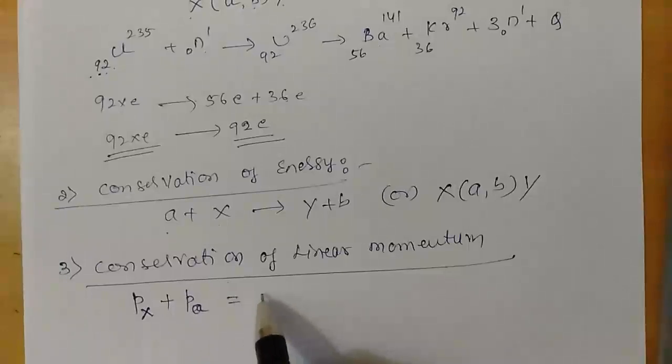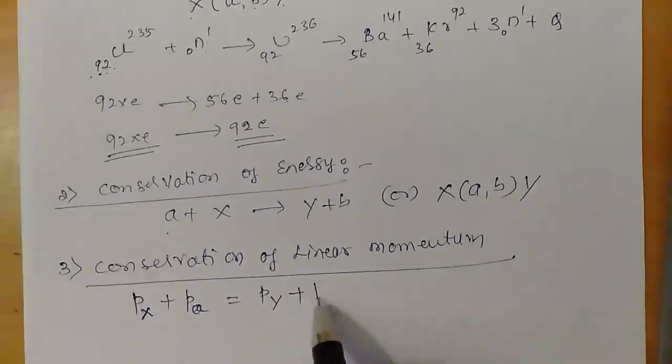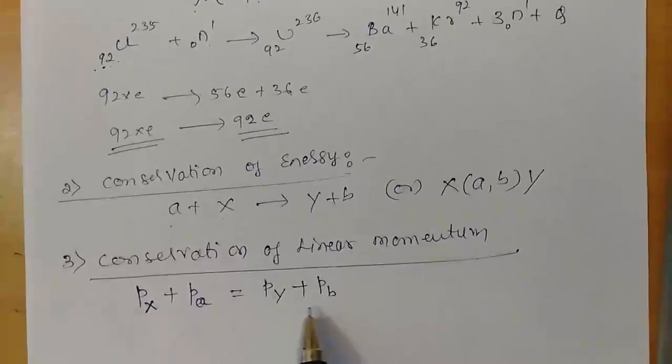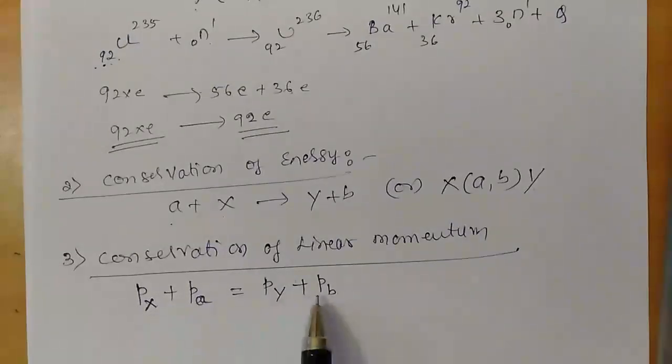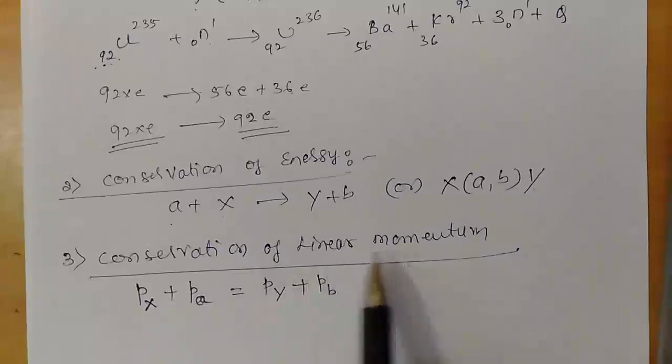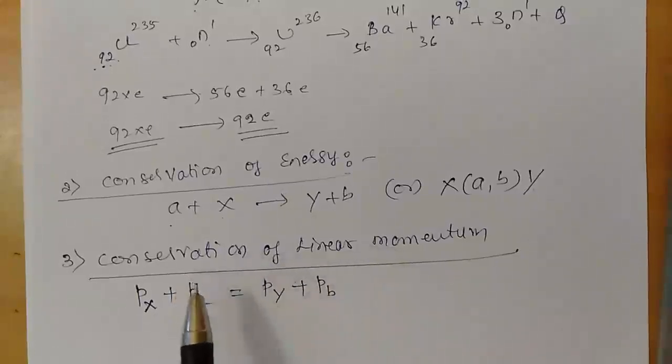This must be equal to the linear momentum of the product nucleus that is being formed plus the ejectile that is being ejected. So the linear momentum of the reactants before the nuclear reaction must be equal to the sum of the linear momentum of the products that are formed. If this condition is satisfied, then we say that linear momentum is conserved in the nuclear reaction.